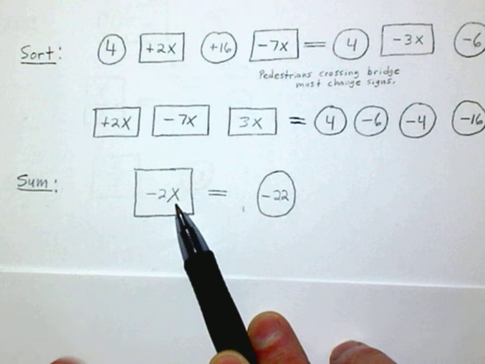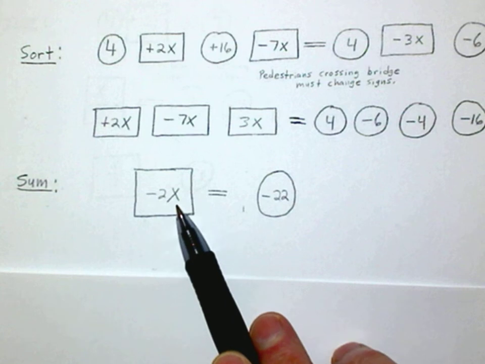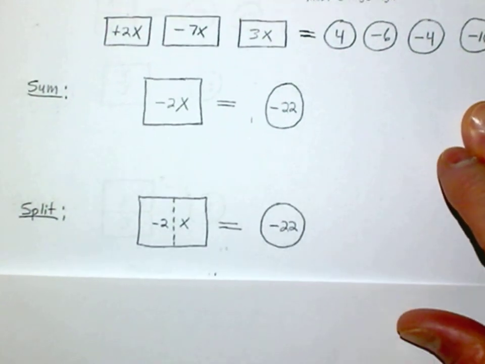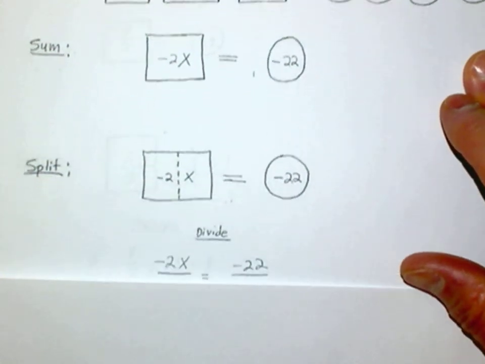How do we undo multiplication? Well, division is what undoes multiplication. So to split that -2 off of the x, I'm going to divide both sides by -2.